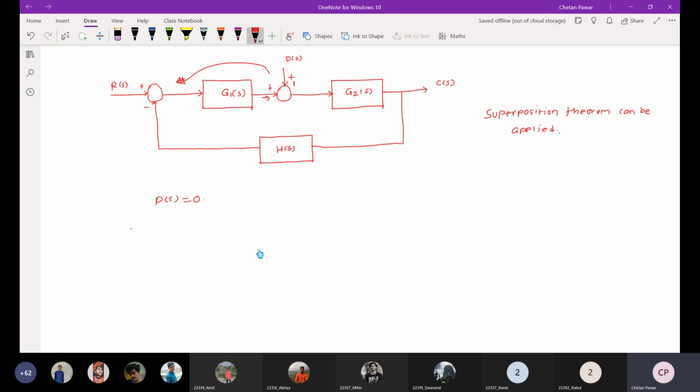So we can remove that summing point, since it gives the signal as it is. If I draw the block diagram again for this, D of S, you can remove that summing point.